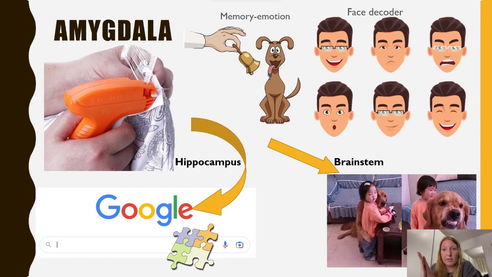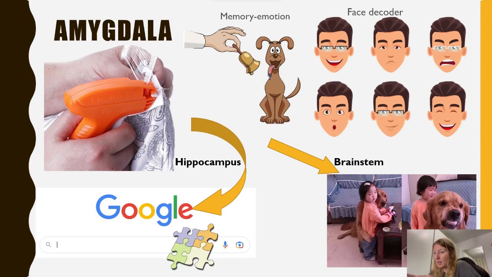So we put the label on the spider, and it sends it to the hippocampus, which is like the Google search. So next time you put spider, you're going to say fear. It makes a puzzle with all the feelings that we have, and says spider, same as ants, bugs, fear. It makes a puzzle with all the information that it has.